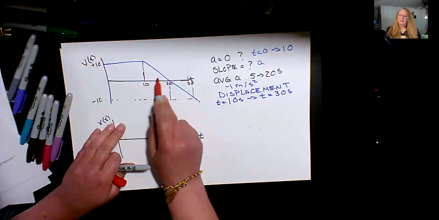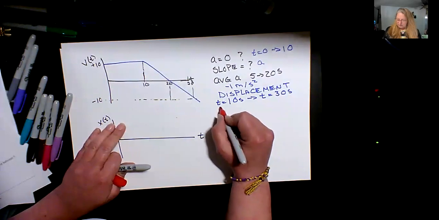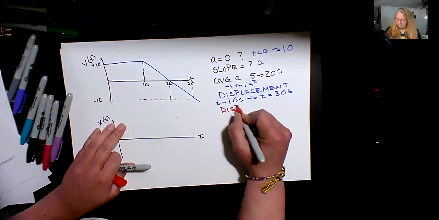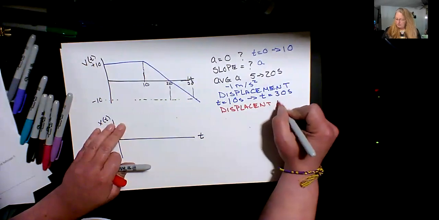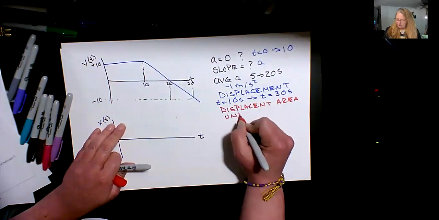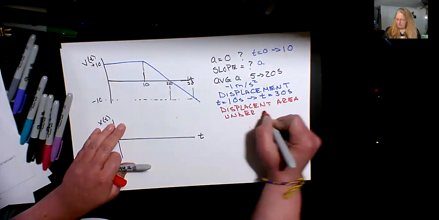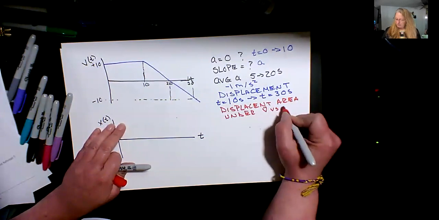So this area here is my displacement. My displacement is the area under a velocity versus time graph.